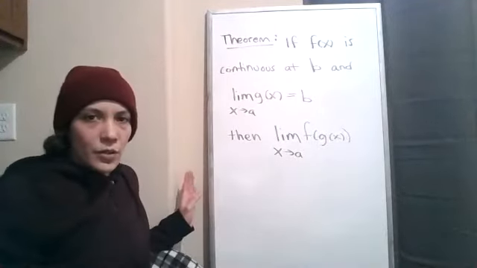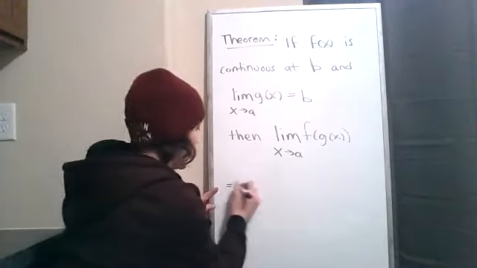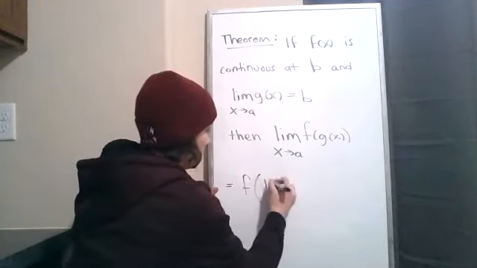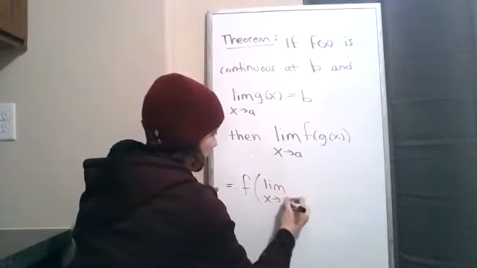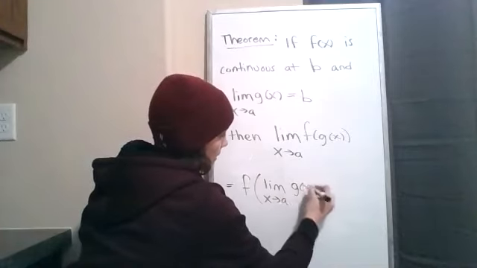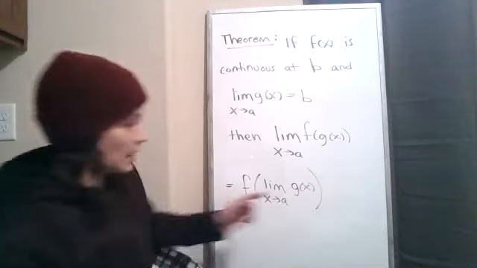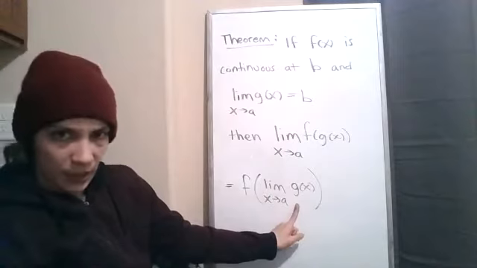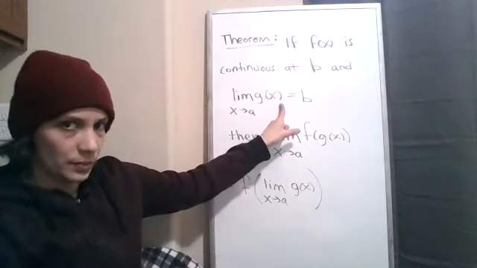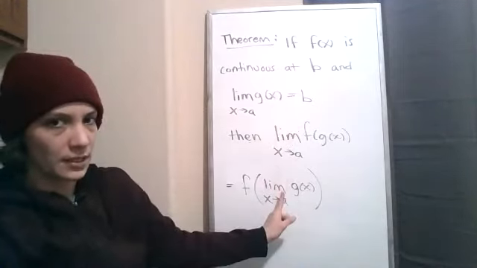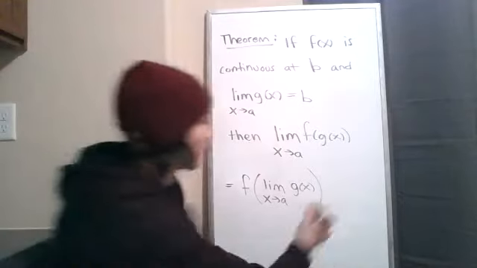So we'll bring this limit in, have f of the limit as x goes to a of g of x. This limit as x goes to a of g of x was equal to b, so this is equal to f of b.